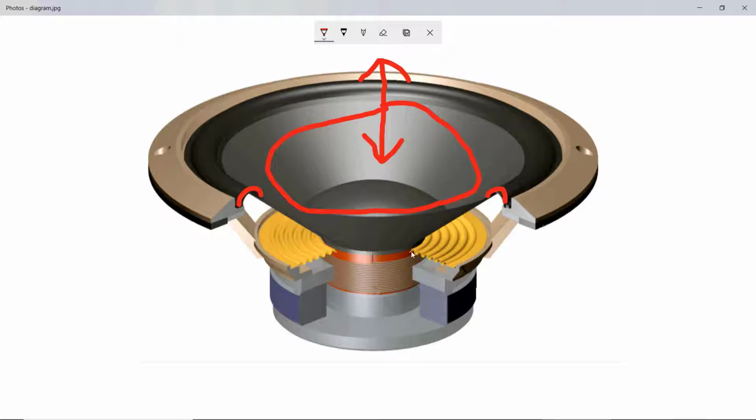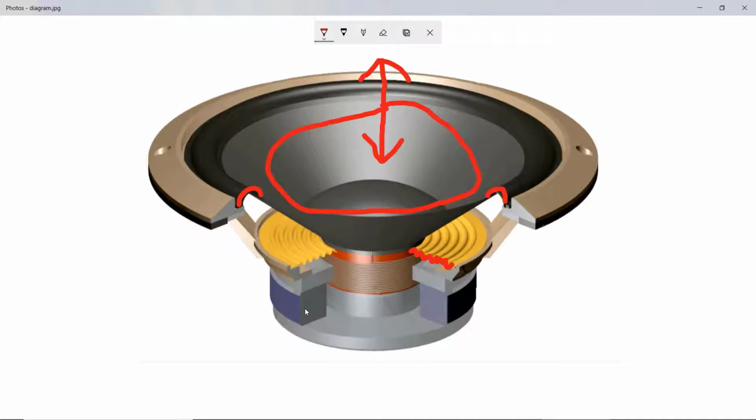In addition, look at this kind of corrugated piece of material right here. Notice that it can move too. So this whole thing can move up and down. It's not held rigid. It can move because of these suspensions.